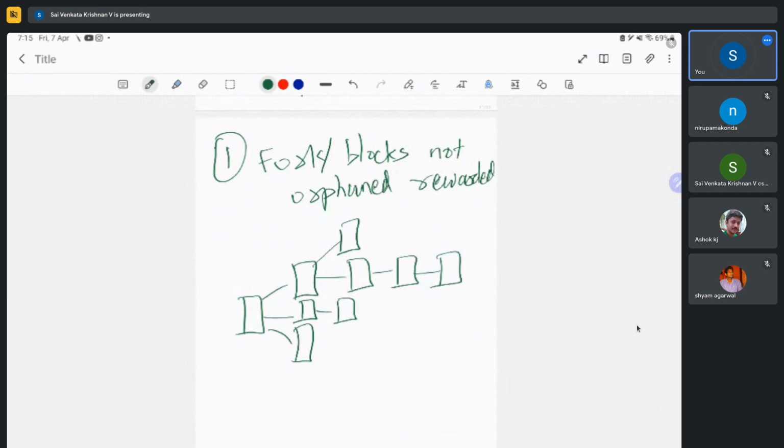So out of this, in this level this is selected. Okay, so this block is selected, and out of these three blocks, this block would be selected because it has two children compared to the other. So let me go this way. Say this has three children, and this has two children.